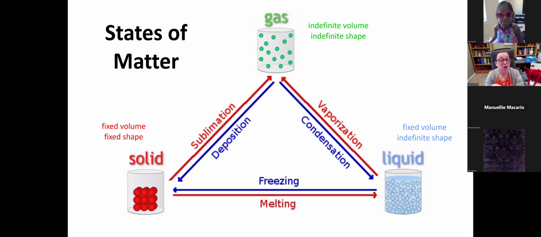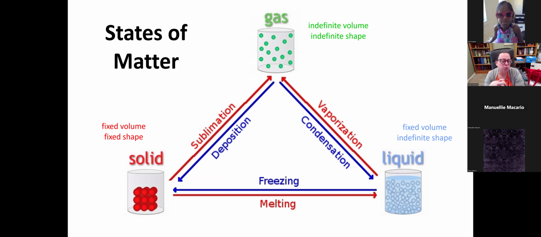We've got the use of color coding, right? Everything about the solid is in red, everything about the liquid is in blue, everything about gases is in green. So you're using color as a key or a visual cue. It's got words that tell you how they're the same or how they're different. And those arrows are showing the relationships. How do I get from one to the other?